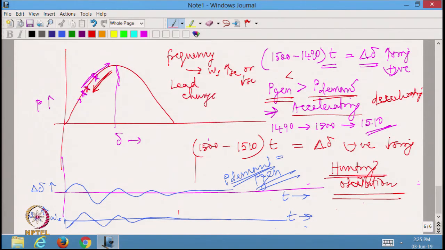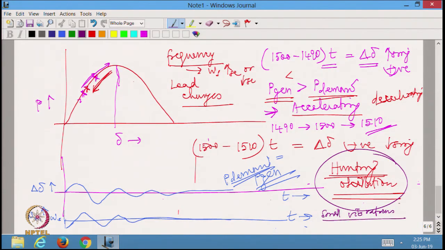In either case, you would see hunting oscillations always occurring in a synchronous machine. And this hunting oscillation is not good, especially if I am looking at very critical loads where even small vibrations cannot be tolerated, then I would like to eliminate this hunting oscillation.